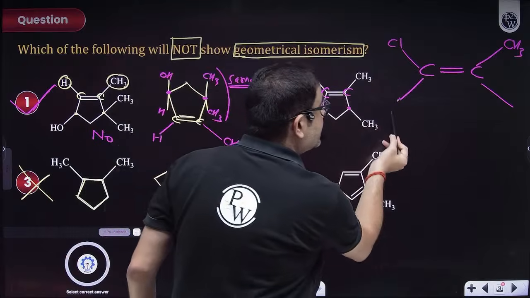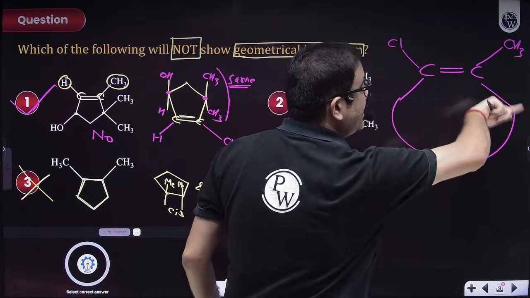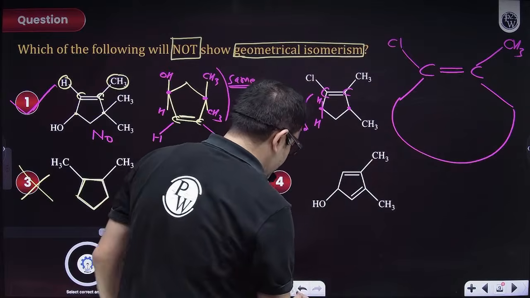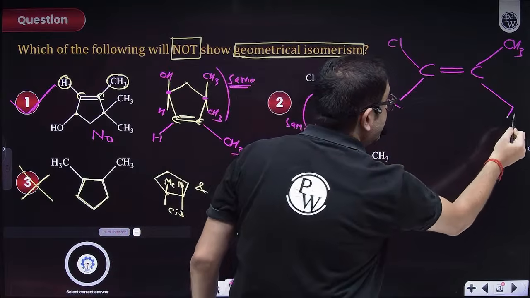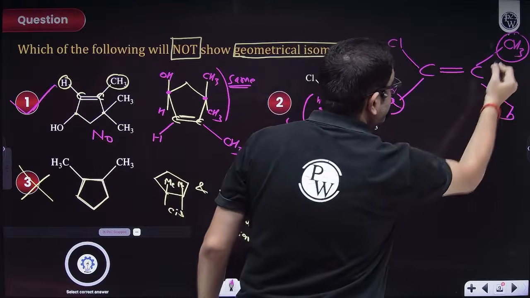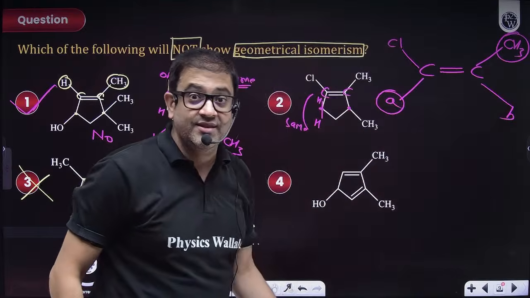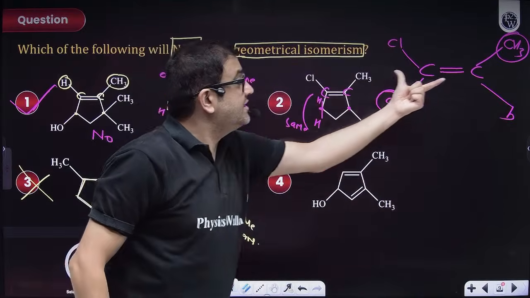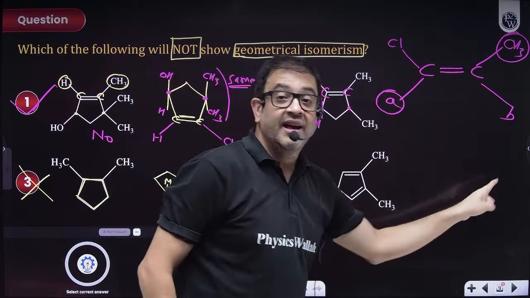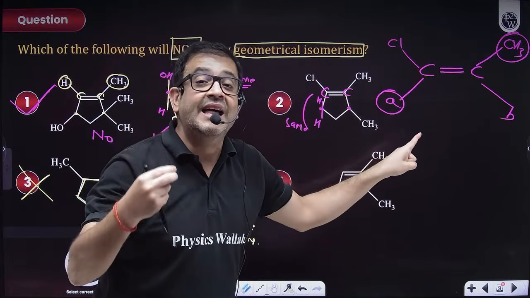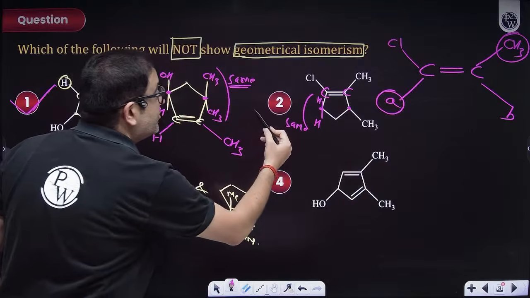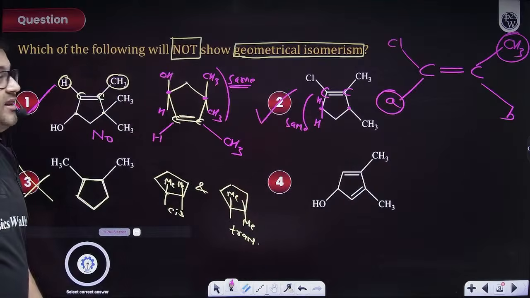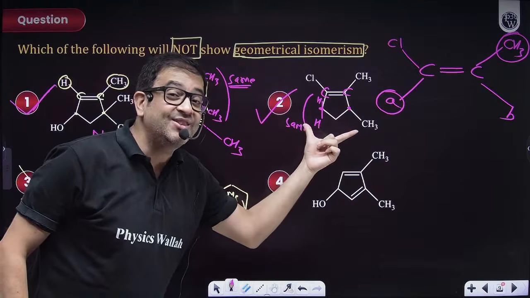Because it is a connected chain, they have the same environment. Rather, if they had some A or B, then you could say A is opposite to CH3, or A can be on the same side as CH3. But these carbons have the same environment, hence you cannot mark that difference. So this will also not show any geometrical isomerism.